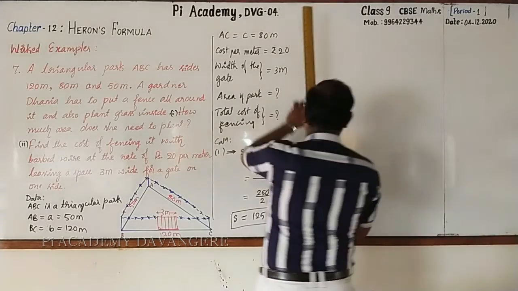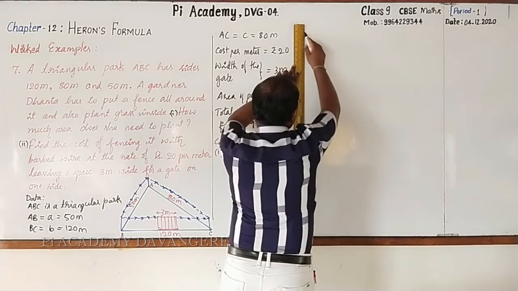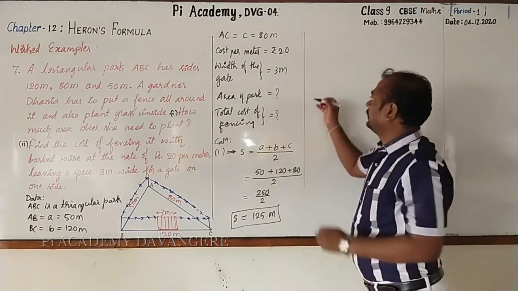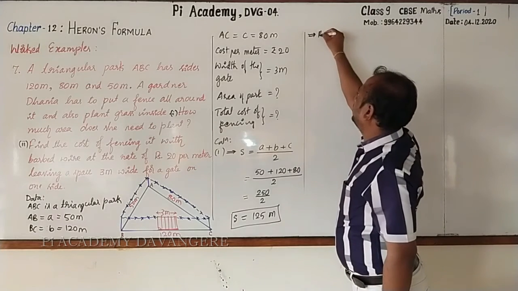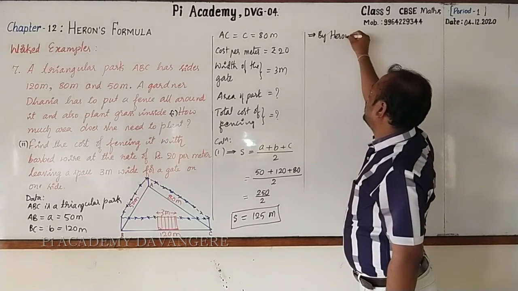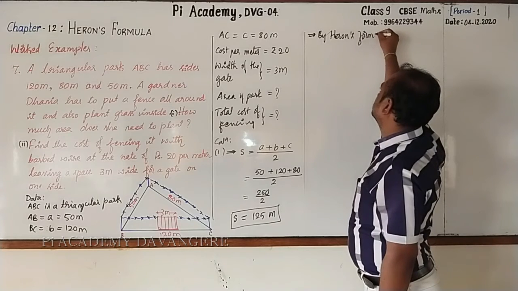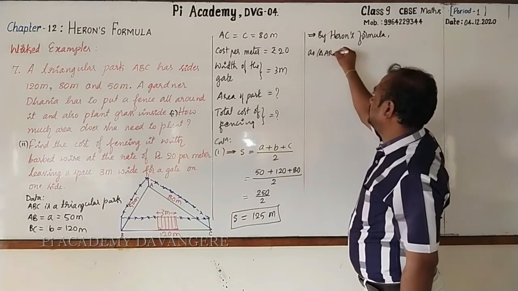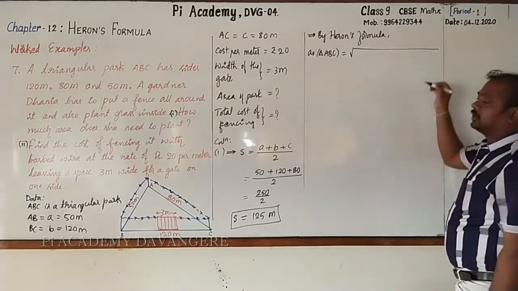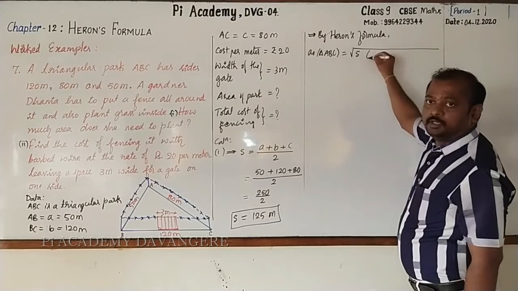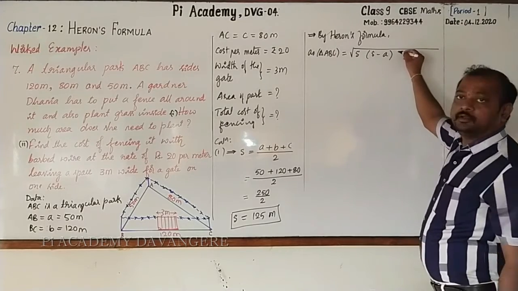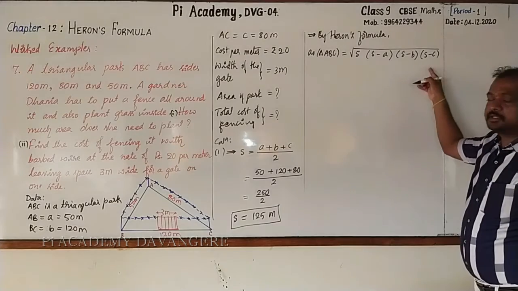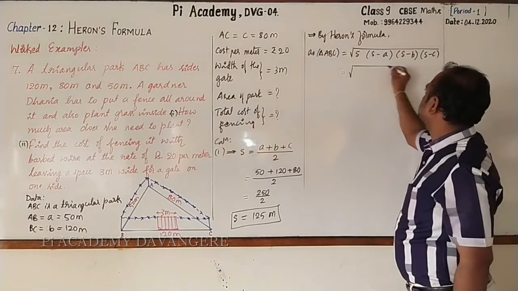Let us find out the area. How do you find the area? Yes, you are right, by using Heron's formula. What is that? Area of triangle ABC is equal to square root of S into S minus A into S minus B into S minus C. Now let us go for substitution.